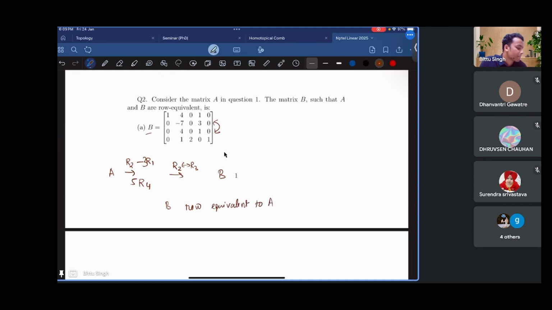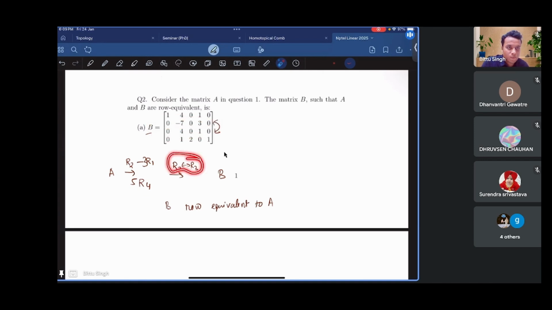So what are all the possible operations? We can scale any row. Here we can multiply this row 4 by 5. We can exchange two rows, so this row can be written here and this row written above.